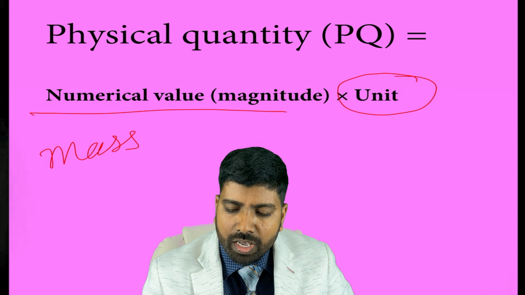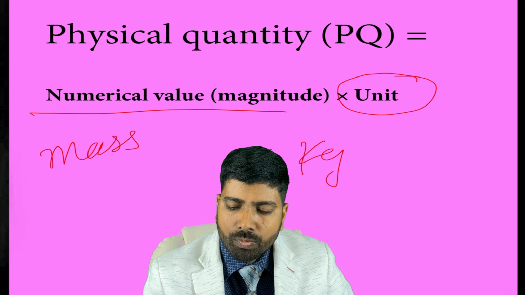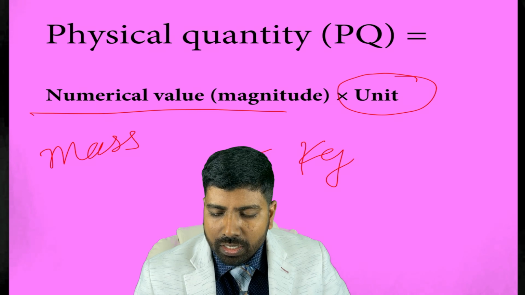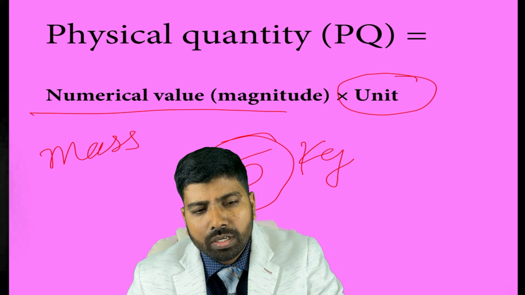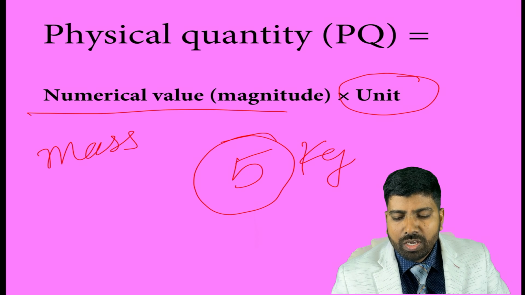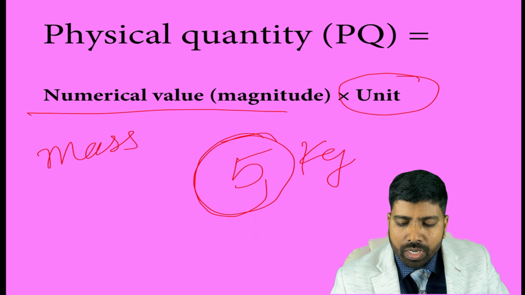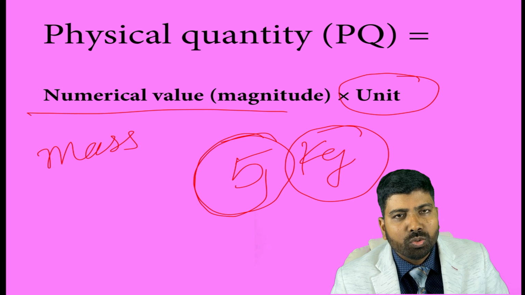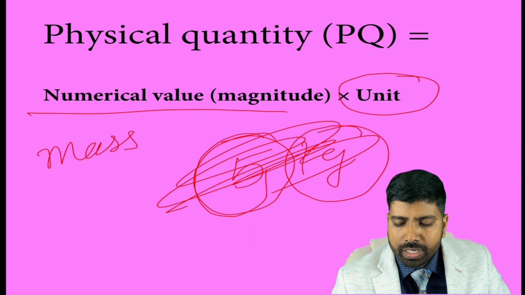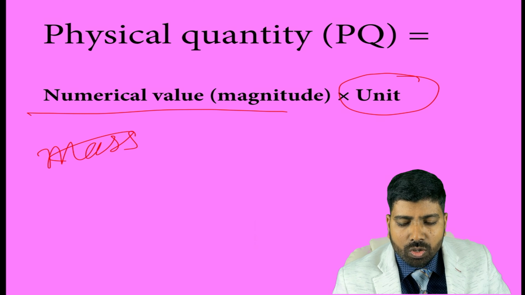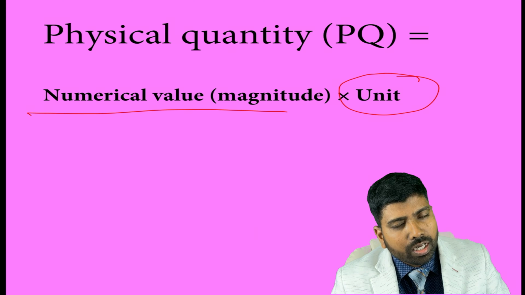If I write 5 kilogram, here 5 is the numerical value, and the kilogram, this kg, is the unit. Any physical quantity you write will have two parts: one is the numerical part, another one is the unit.